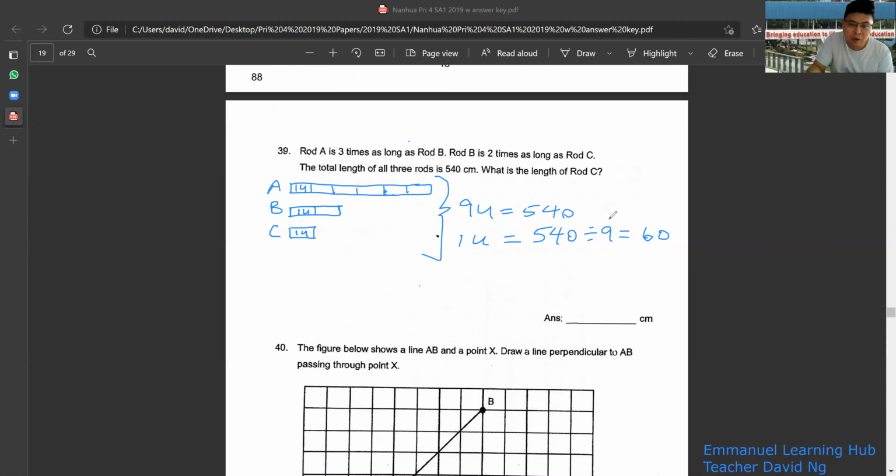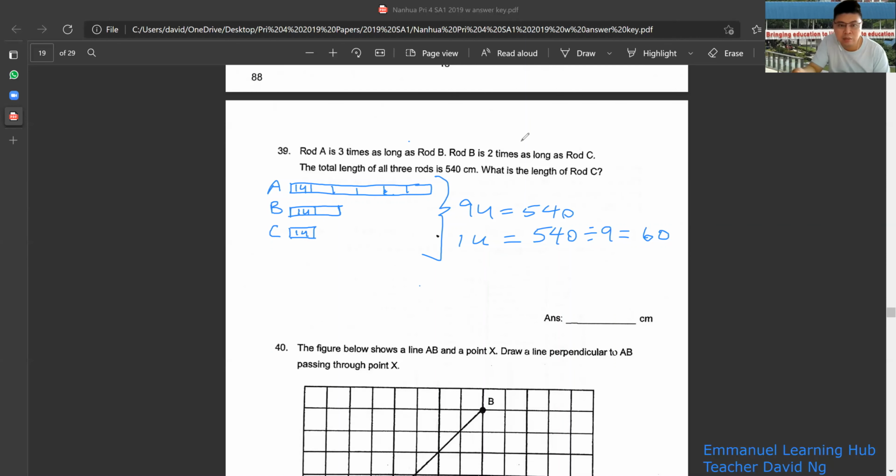Because 54 divided by 9 is 6. Then you add the 0 behind. Okay. So 1 unit is 60, right? So what's the length of rod C?